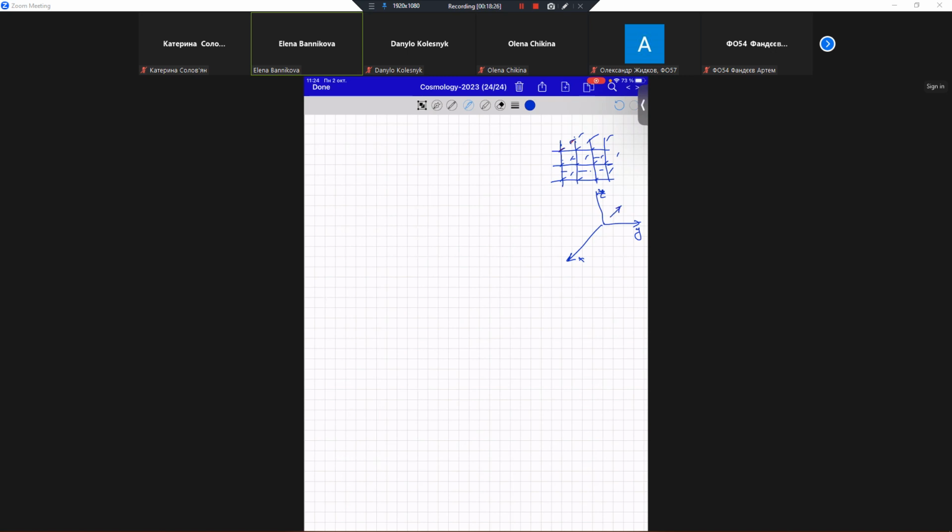This vector has corresponding coordinates, and I want to write examples. First, the Cartesian system.